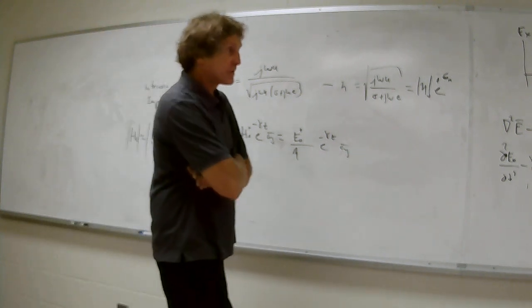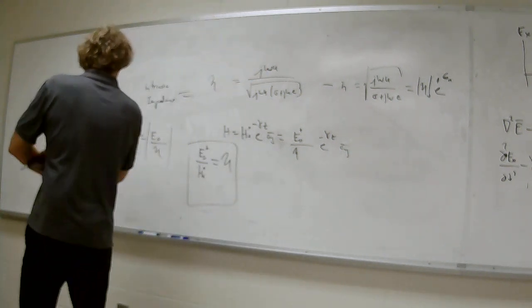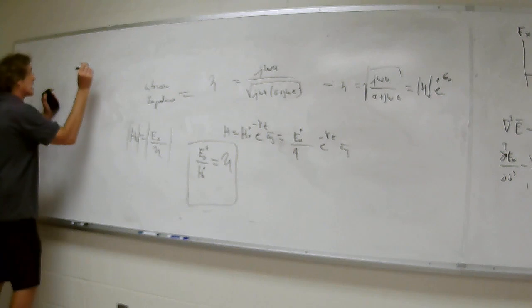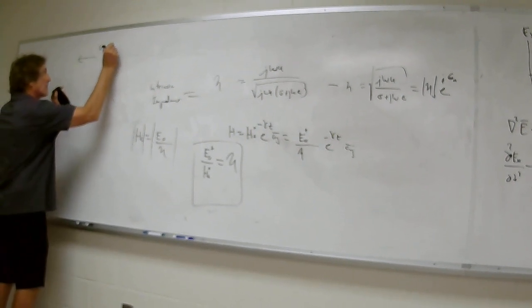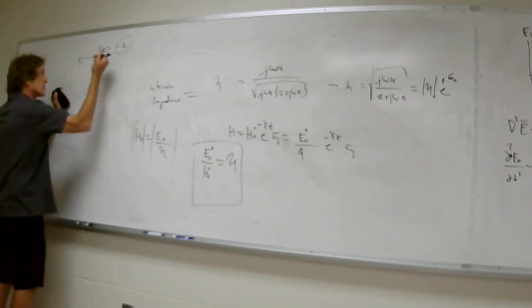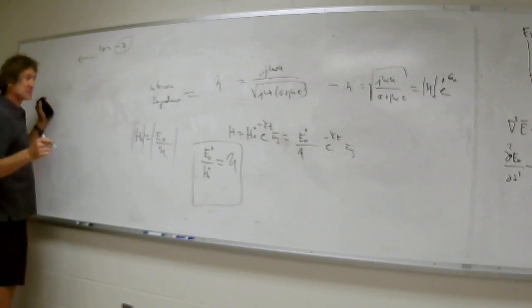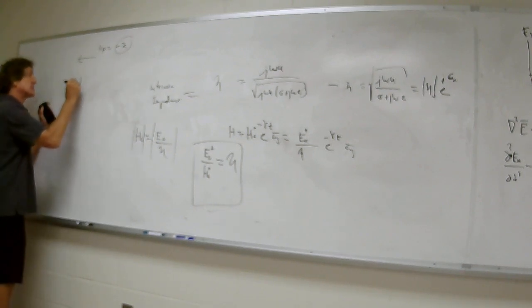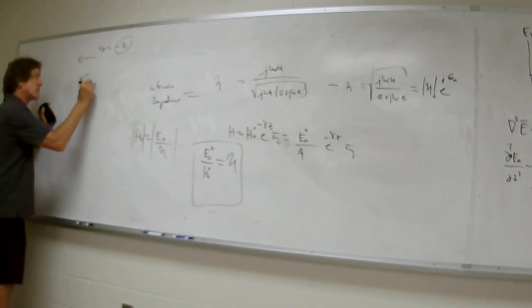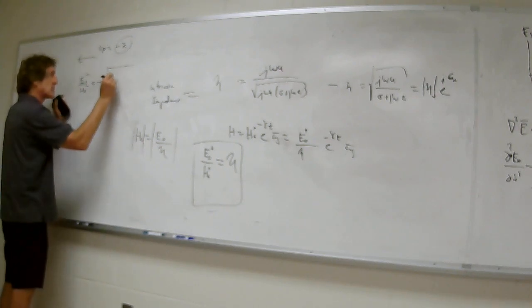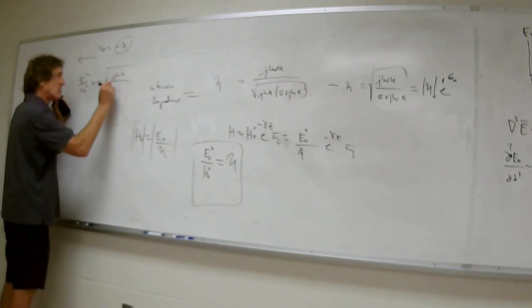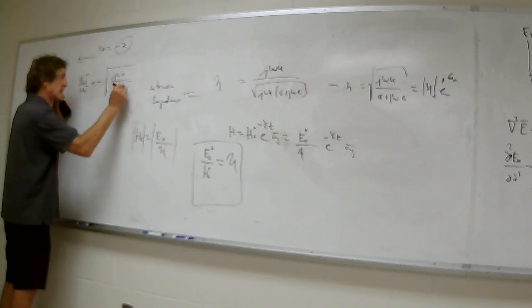If a wave is moving in the opposite direction, I put it here. If you have a wave moving in the minus z direction, so the wrong way you might say, then the ratio of E naught negative to H naught negative will be minus that intrinsic impedance, or minus the square root of j omega mu over sigma plus j omega epsilon.